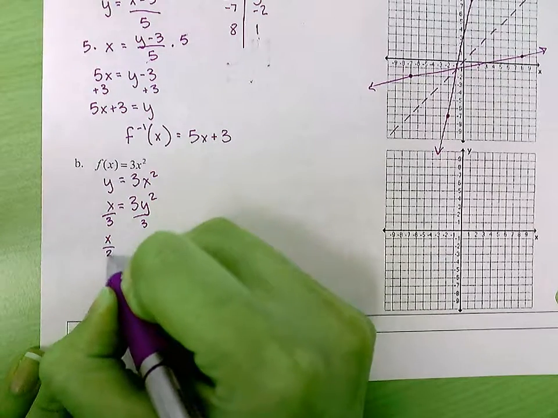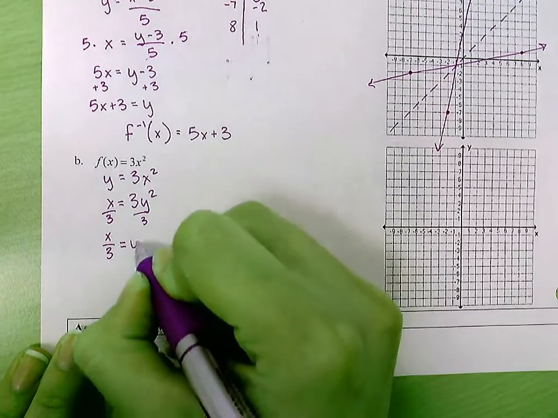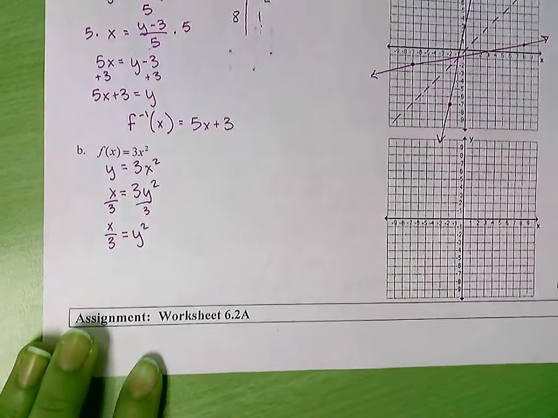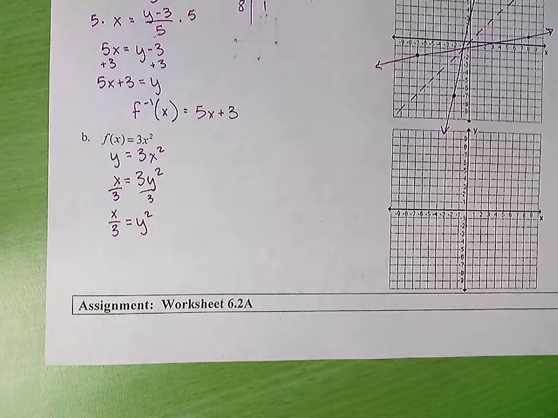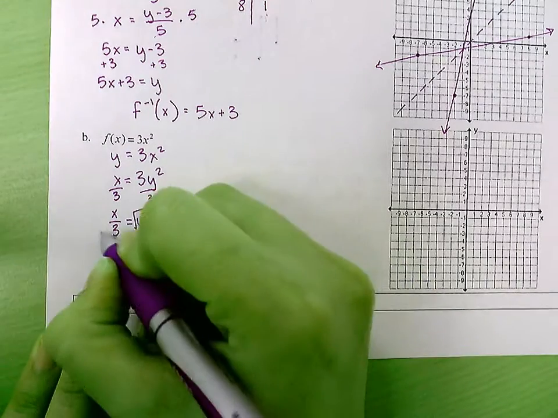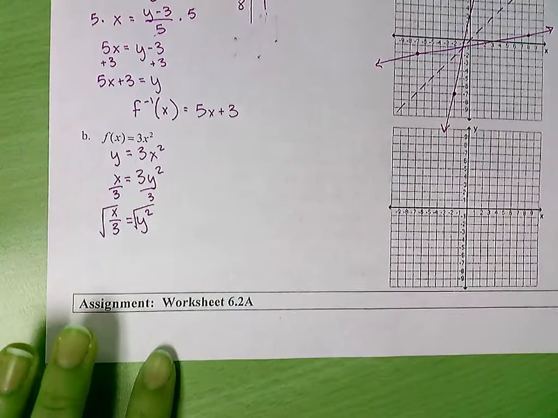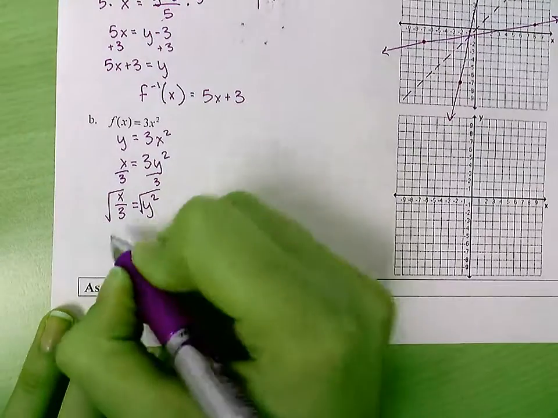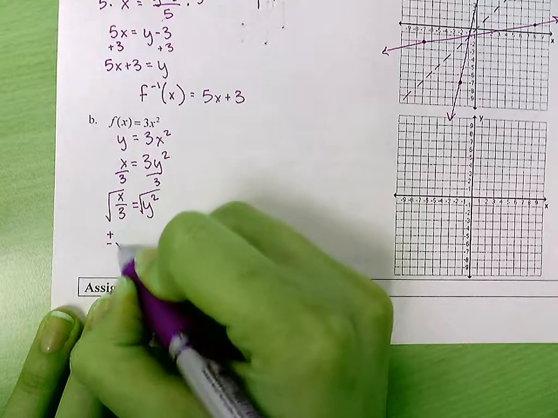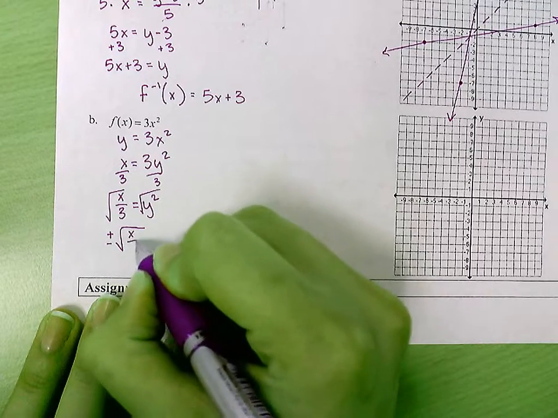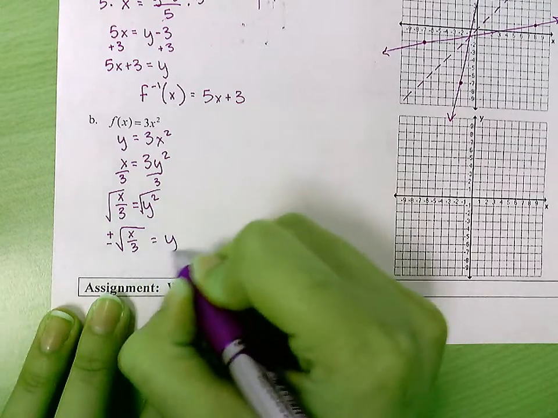Okay, so I have x over 3 is equal to y squared. Now I can take the square root of both sides. Now when I do that, I end up getting plus or minus the square root of x over 3 equals y.